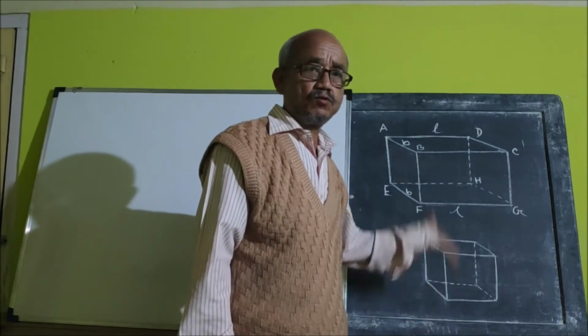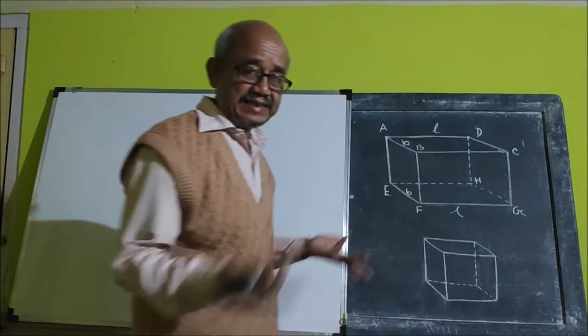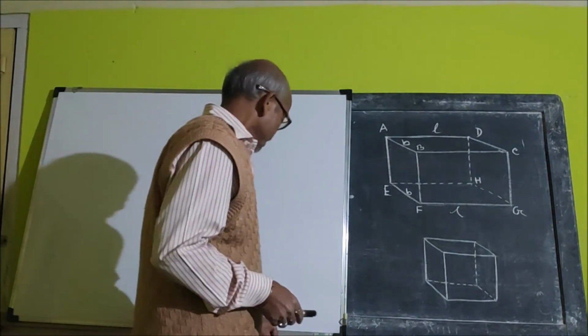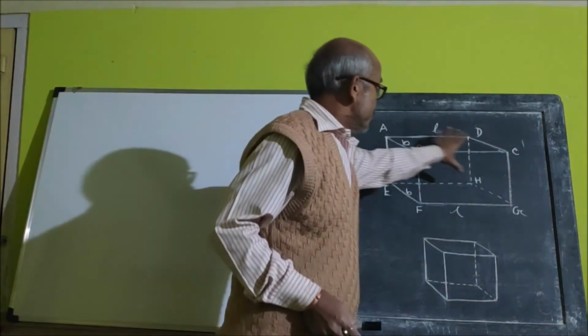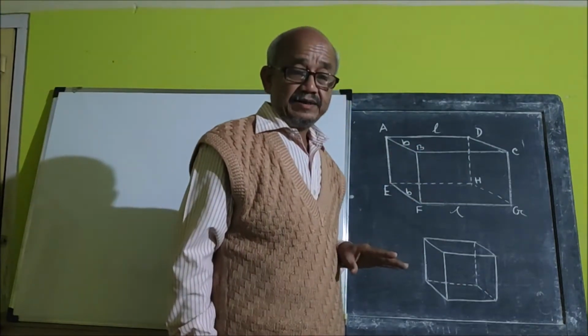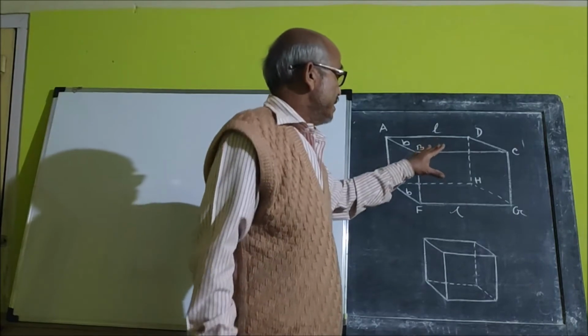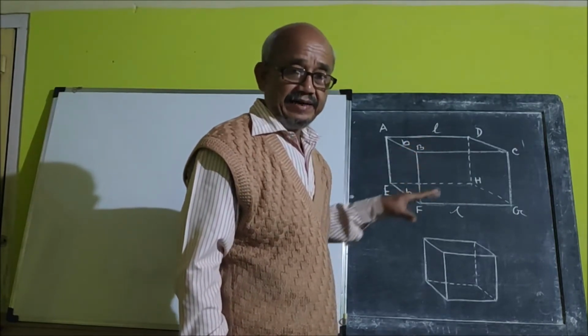Length equals breadth equals height. In a cuboid, length is length, breadth is breadth, and height is height. This figure is called a cuboid.